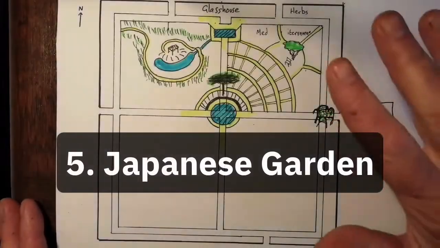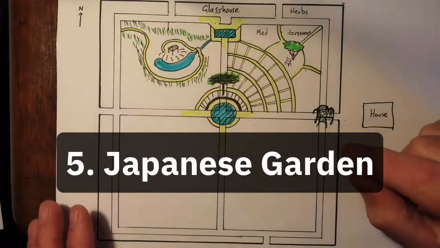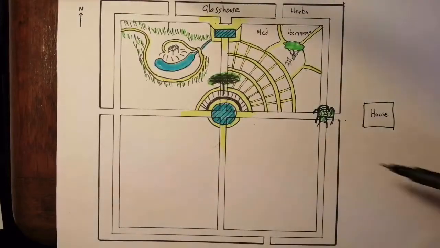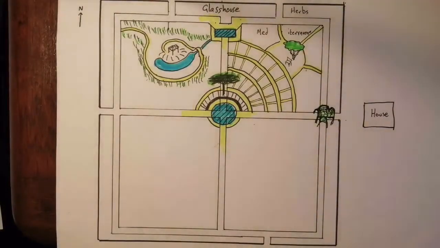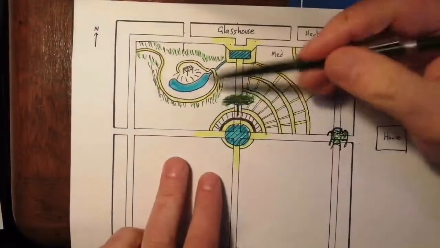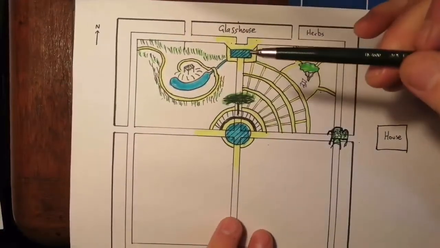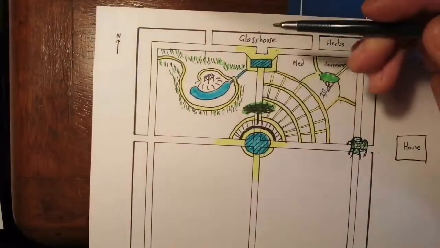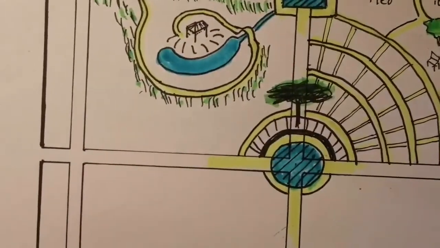And this is the fifth part of the garden I wanted to talk about, which is the Japanese garden up in this area here, on the northwest quadrant. And it's kind of interesting. What is the point of a Japanese garden?